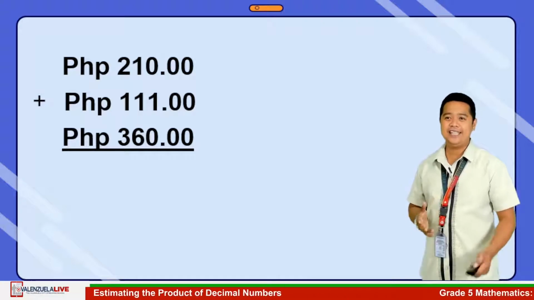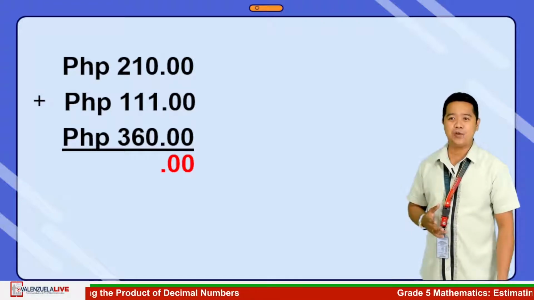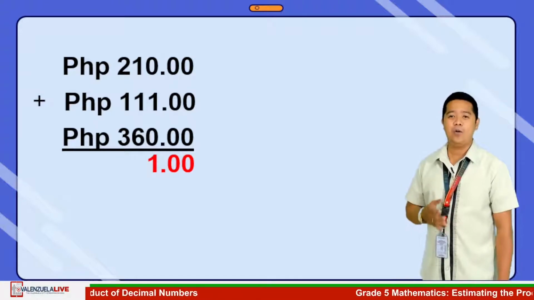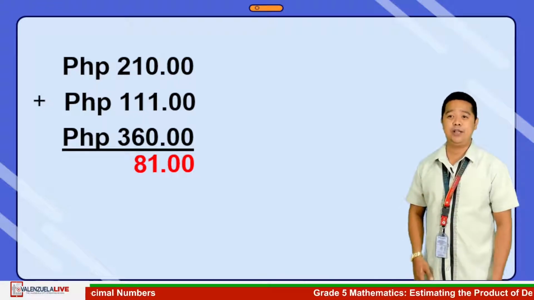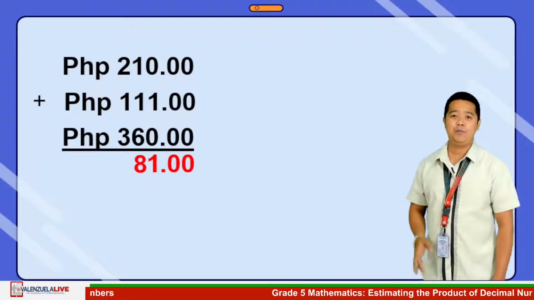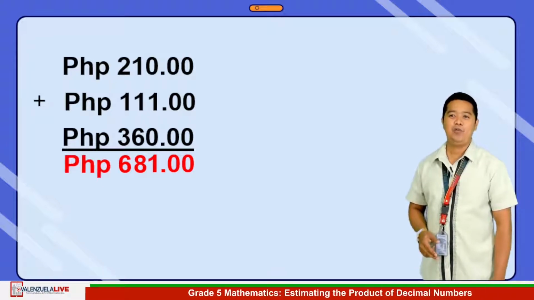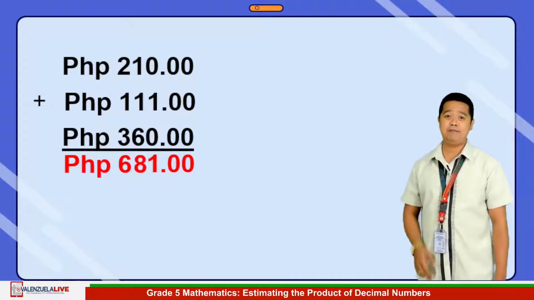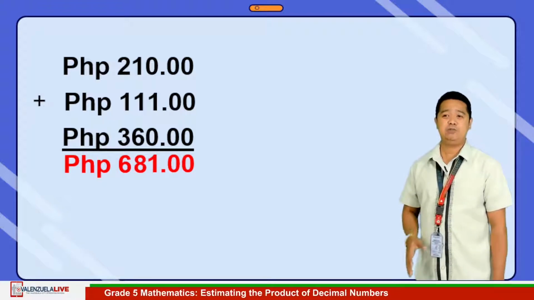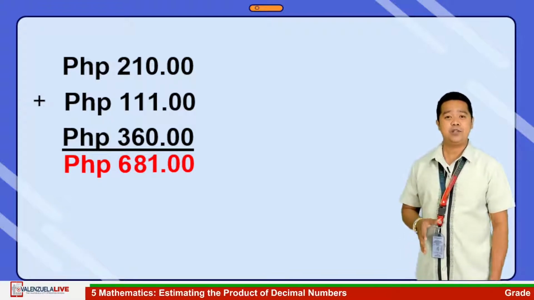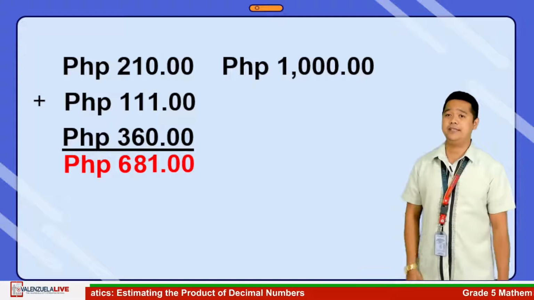So, let us add. 0 plus 1 is equal to 1. 1 plus 1 plus 6 is equal to 8. And 2 plus 1 plus 3 is equal to 6. We have 681 pesos. Then, let us subtract 681 pesos from her 1,000 peso bill.